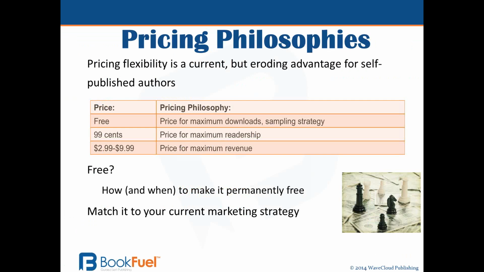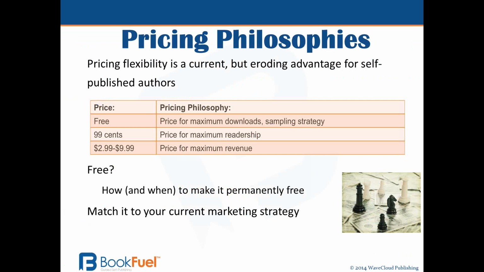Probably better to set it at $2.99, and then go to Smashwords and upload the exact same ebook, although you'll have to use a Mobi file, and then let it sit there for a couple of weeks, and then have one of your friends email Amazon or try it yourself and say, hey, this book seems to be free on Smashwords, but I notice it's not free on your website. And Amazon probably pretty quickly will set your book for free and will leave it there permanently.